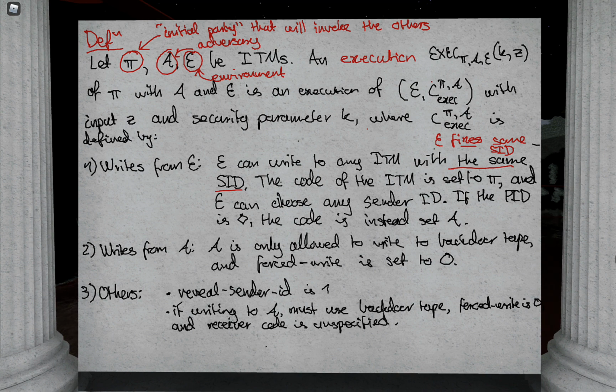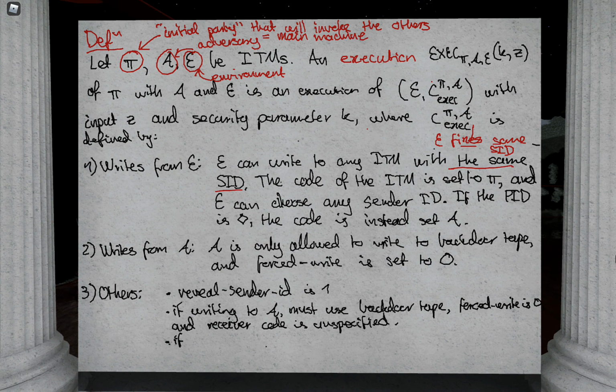Okay. So recall that we had this idea of main machine, which is pi. Maybe I should have mentioned this above, my apologies. The initial party equals the main machine, the one that is initially invoked by the adversary.